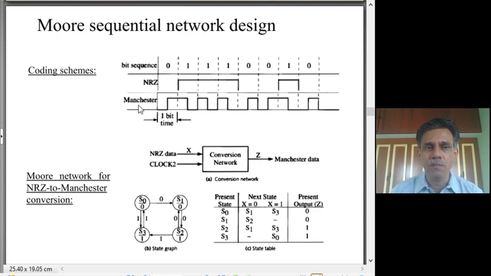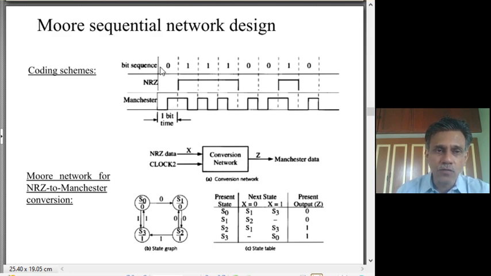Such an encoding scheme which avoids this problem of long sequences of zeros and ones is Manchester encoding. Here what we do is we use a clock, which we have called clock 2, which has twice the frequency of the base clock with which the zeros and ones are being created. Twice the frequency means it has a period which is half of it.